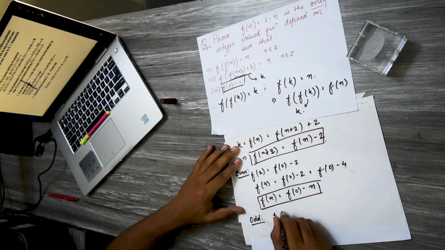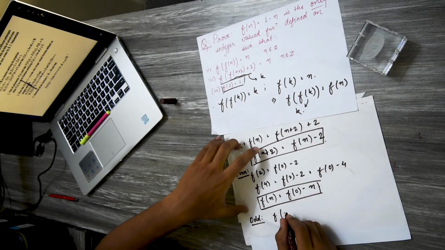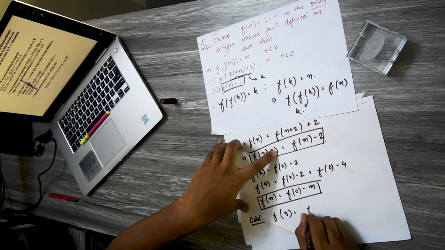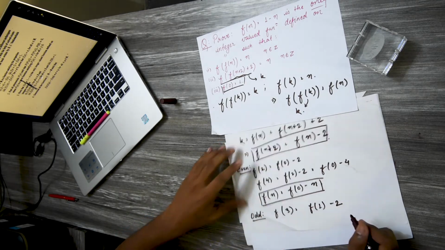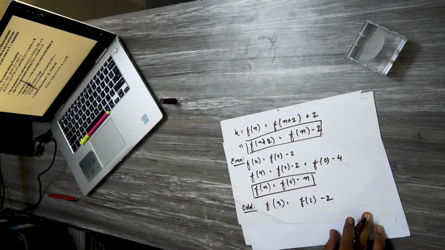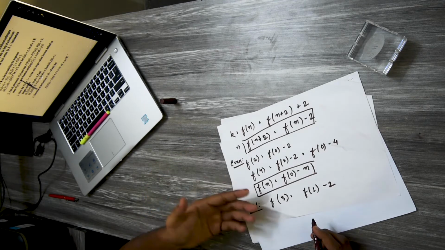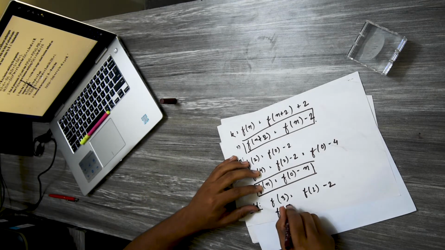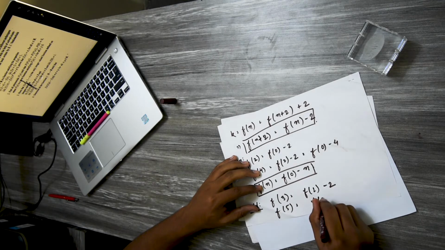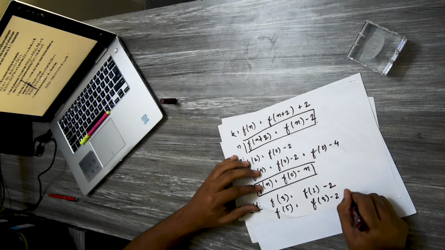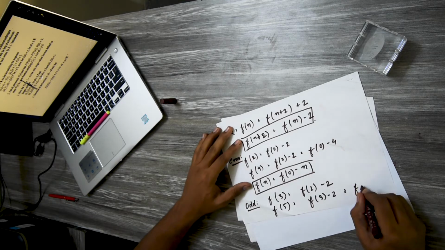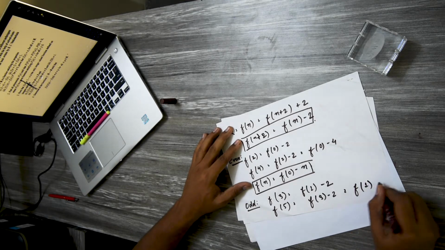Now what happens if we do it for the odd ones? Let's put in 1. f(1+2), which becomes f(3), is equal to f(1) minus 2. So this means again when we put n is equal to 3 here, then we find f(5) is equal to f(3) minus 2, which is f(1) minus 4.